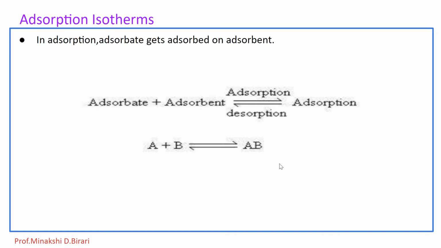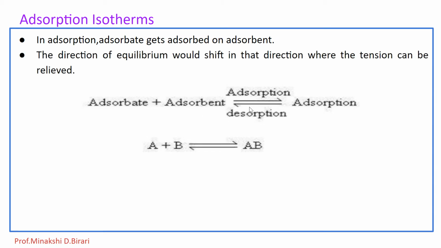In adsorption, the adsorbate gets adsorbed on the adsorbent. The direction of equilibrium would shift in that direction where the tension can be relieved, so there may be adsorption or desorption. Desorption is the reverse of adsorption; there is removal of adsorbate from the surface of the adsorbent.